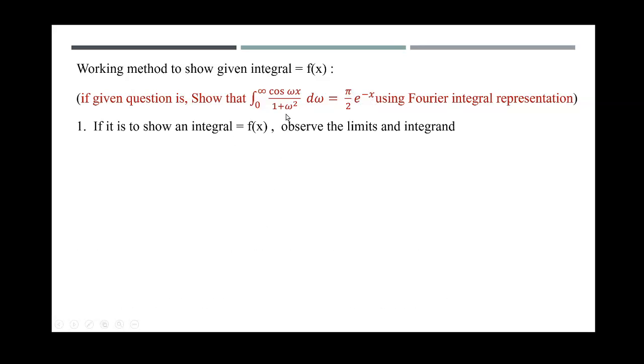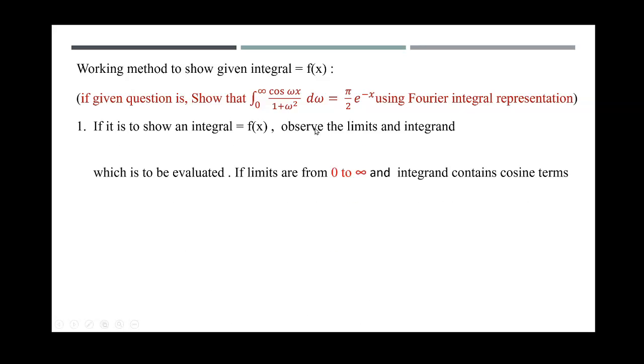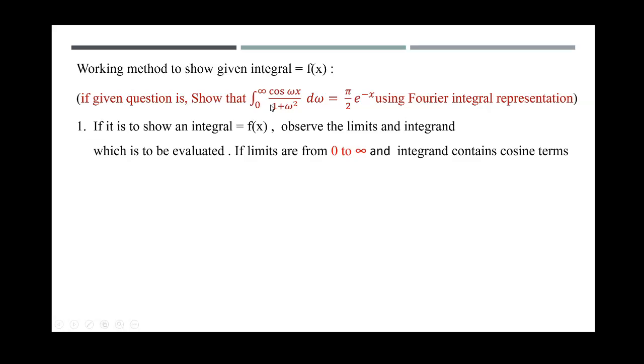To solve such problems, first we have to observe the given limits, the given integrand and the RHS. If the given limits are 0 to infinity and the integrand contains cos terms, then use the cosine integral formula, and before that consider this RHS as function f of x.